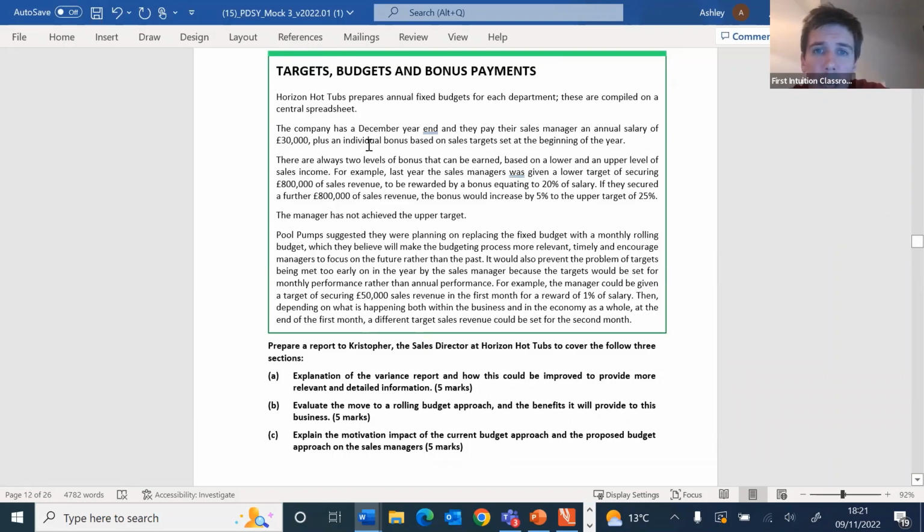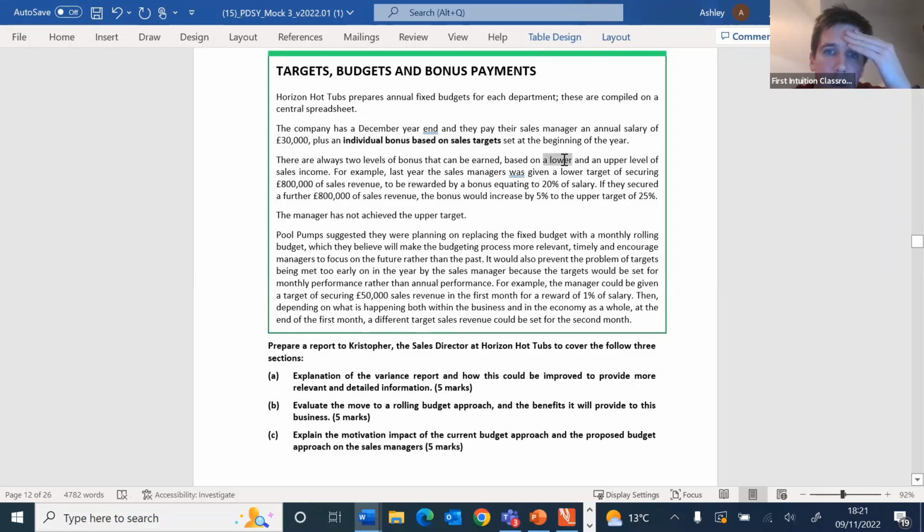You're then told they produce annual fixed budgets and they're compiled in a central spreadsheet. Company's got a December year end. Sales manager has a salary of 30,000, and then there's an individual bonus based on sales targets. More specifically, there are two levels of bonus.